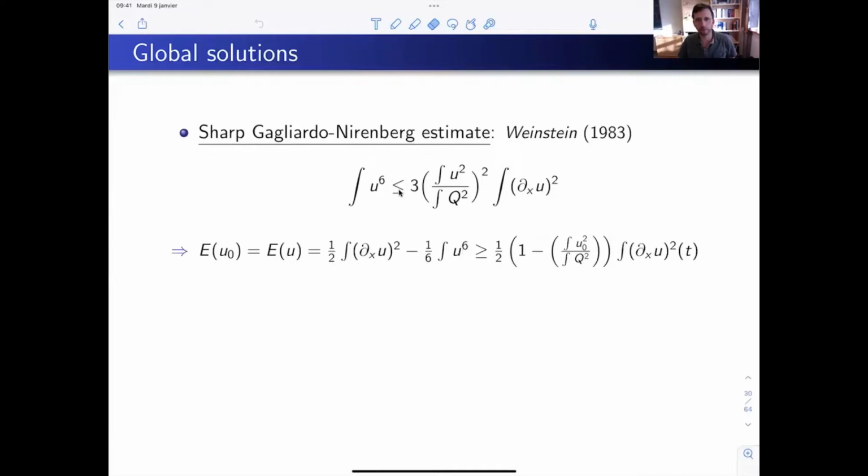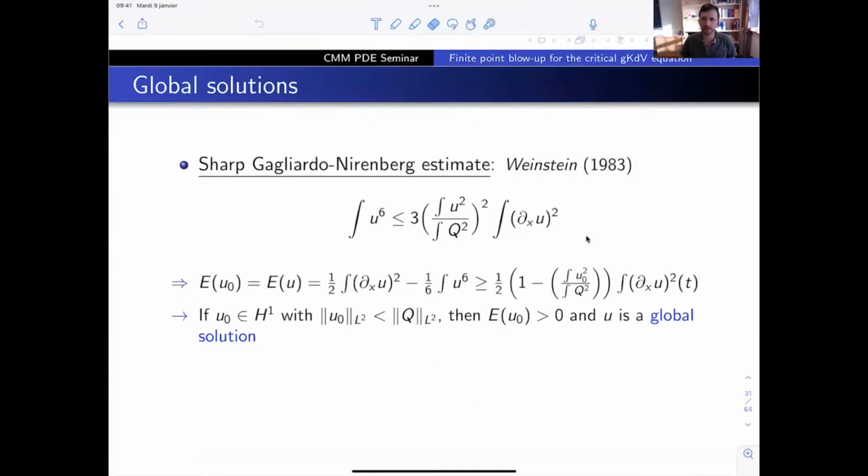If you use this inequality, you will be larger than 1/2 of, factorizing the integral of dxu to the square, 1 minus integral of u to the square over integral of Q to the square. But since the L2 norm is conserved by the flow, you can change it by the integral of u naught to the square.